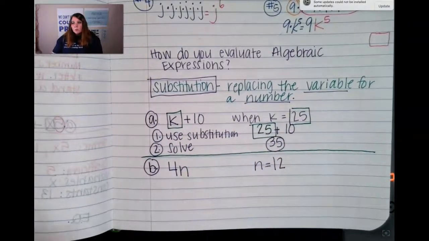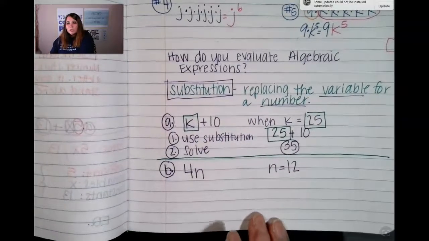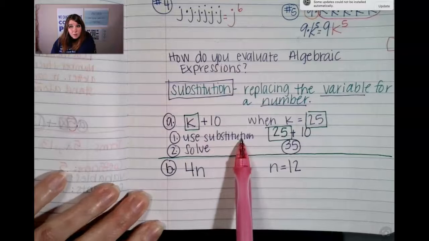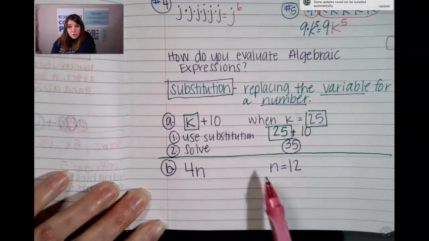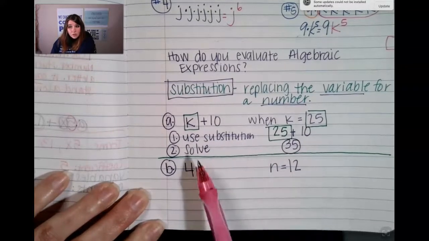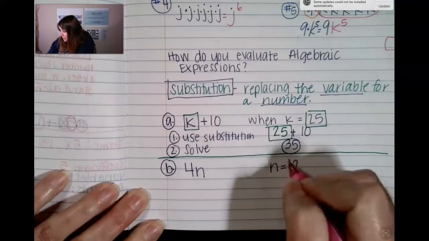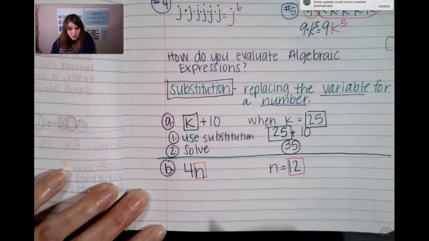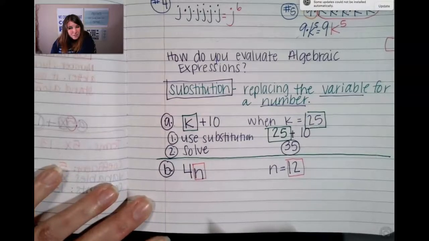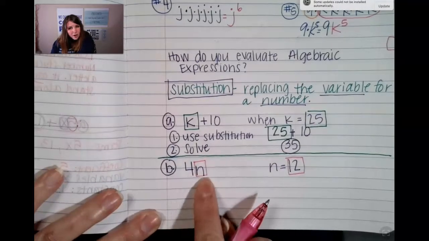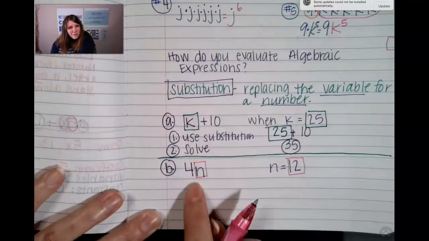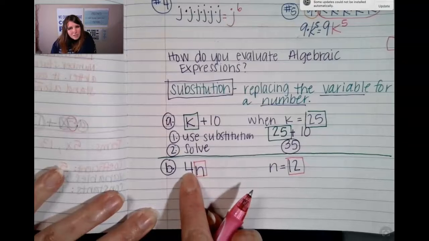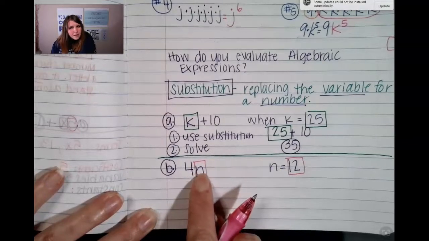Okay, so what I'm going to do here is find my substitution, right? So step 1, find substitution. N equals 12. So where I see the n, I am now going to put a 12. Now, this is weird because if I put a 12 on top of there, that gives me 412, and that's not what that means. This means 4 times n.